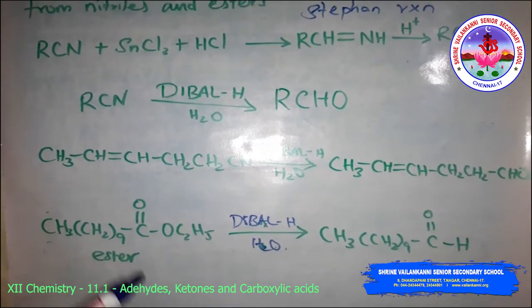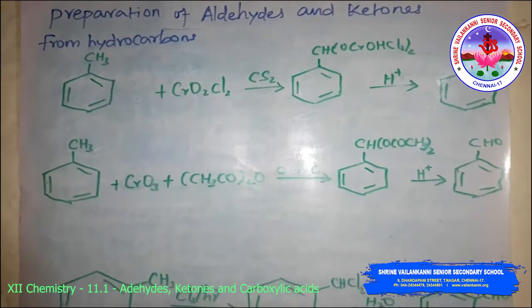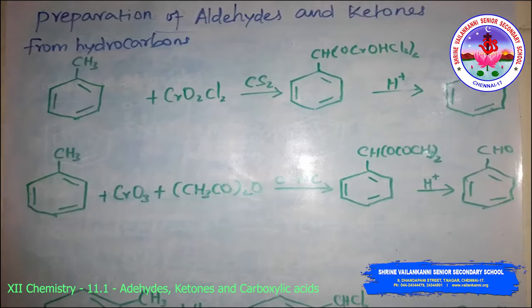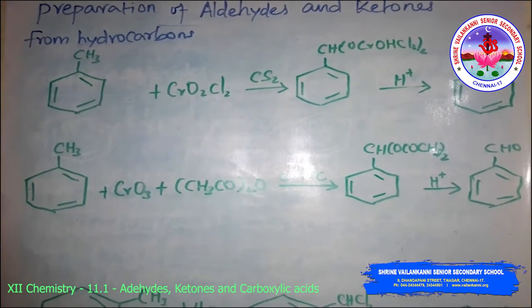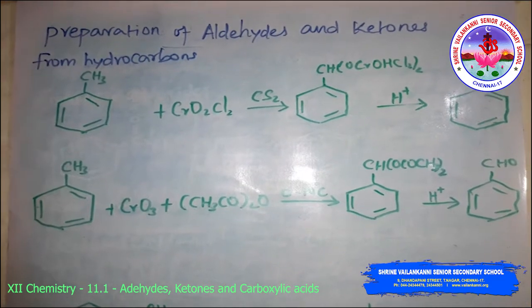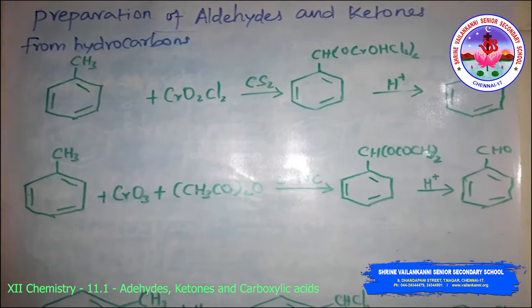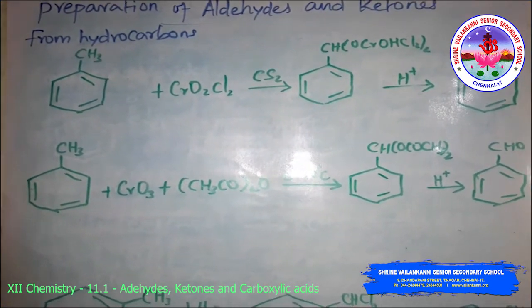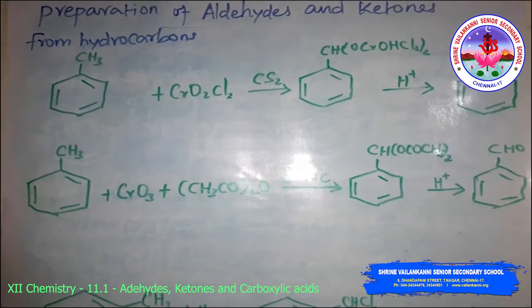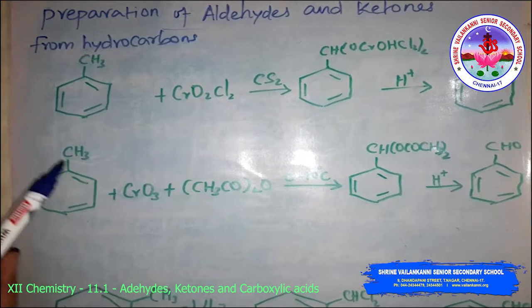Next is from hydrocarbons. Aromatic aldehydes, benzaldehyde and its derivatives, are prepared from aromatic hydrocarbons by the oxidation of methylbenzene. A strong oxidizing agent oxidizes toluene and its derivatives to benzoic acid.